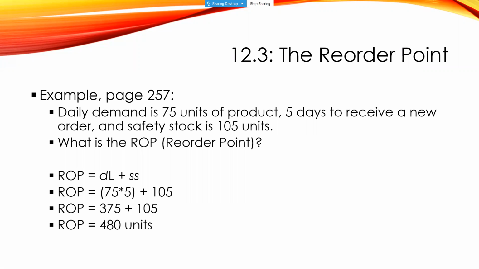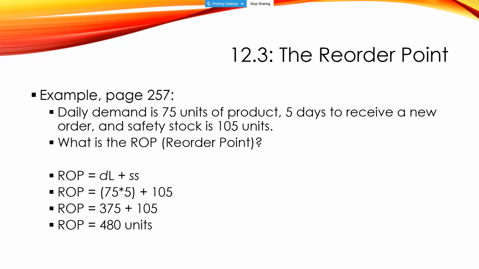So what's our reorder point in the formula? Daily demand times lead time plus safety stock. This would be if we're reordering this quickly, like every time, trying to keep our inventory at a minimum.